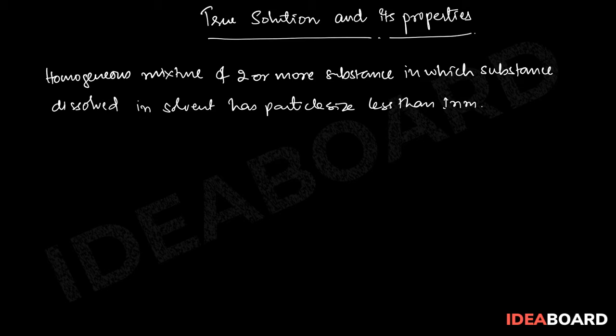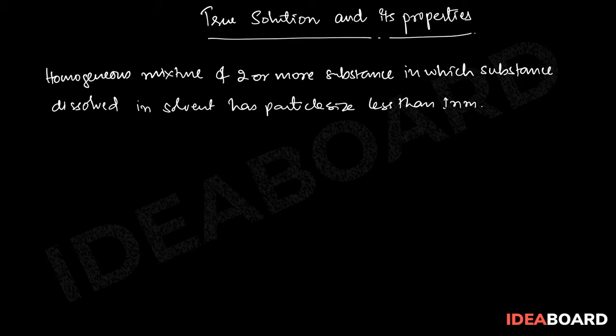of the solute particle. So a true solution is one which has the lowest particle size, that is less than 1 nanometer. Such a solution will be homogeneous in nature, and it will also be transparent to the naked eye.